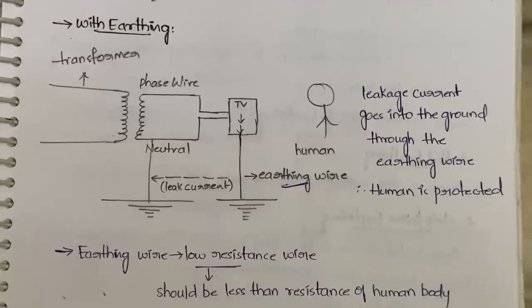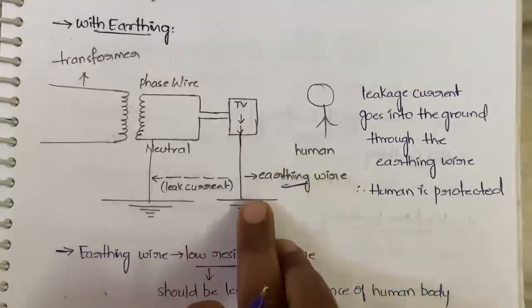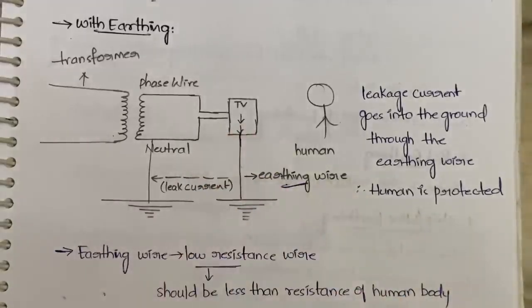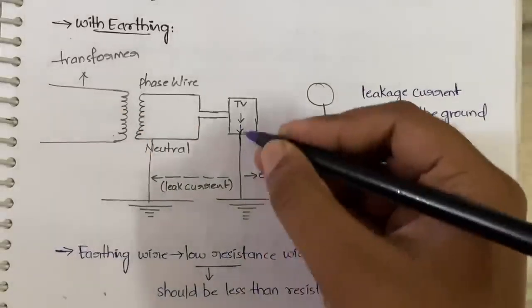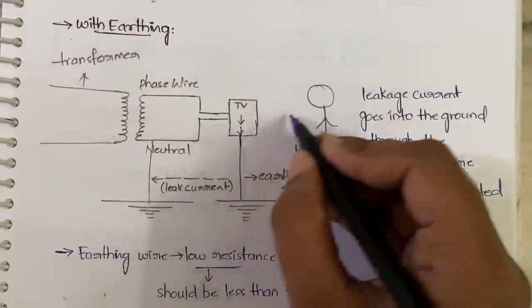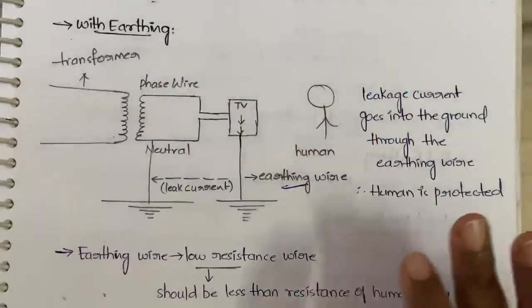Got it? So this is what happens when you are using an earthing wire. The earthing wire has to be connected to the device, so that whatever leakage current is there will be directly sent to the neutral with the help of this wire instead of the human being, so that the human being will not get any shock.